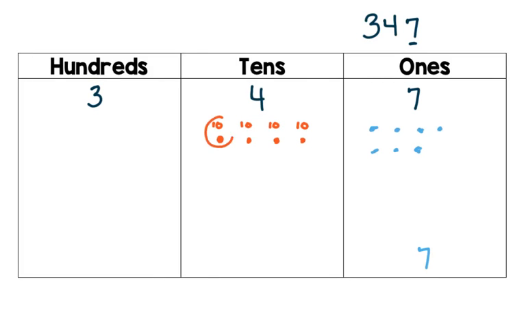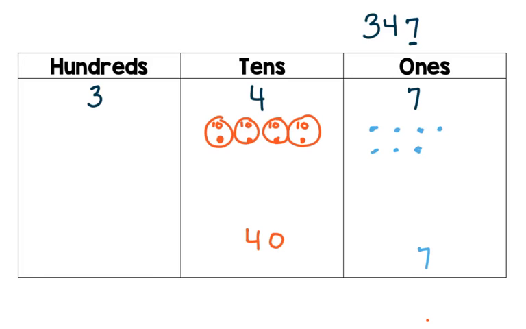Let's count to see what the value of these tens is. If we do that by counting by 10: 10, 20, 30, and 40. So I'm going to write 40 in that section of the place value chart.